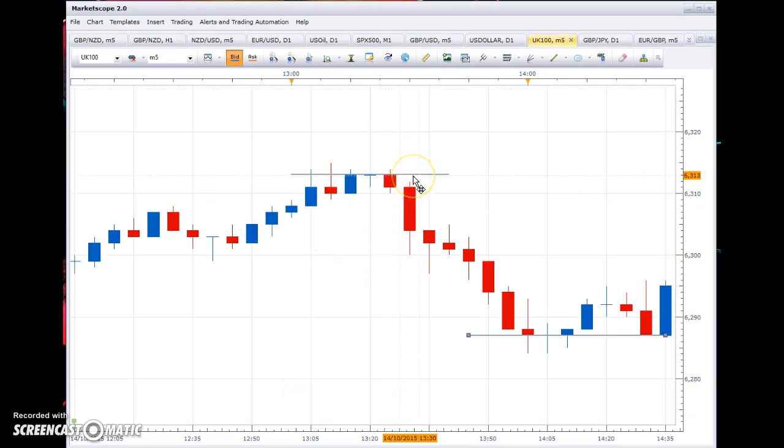So 26 is the entire range, and 17. So it is 6313. 17 would be 3131. Let's have a look again.